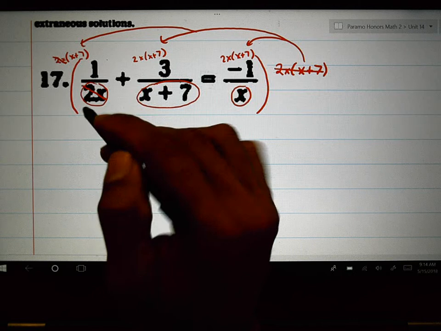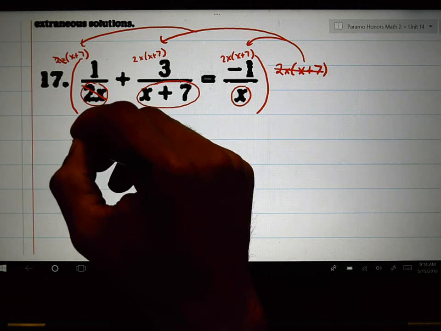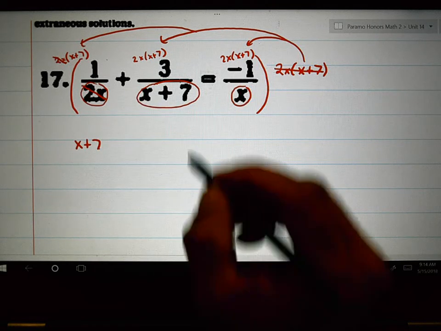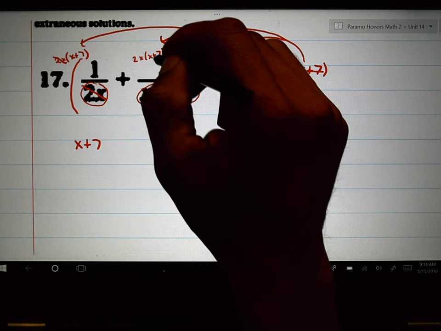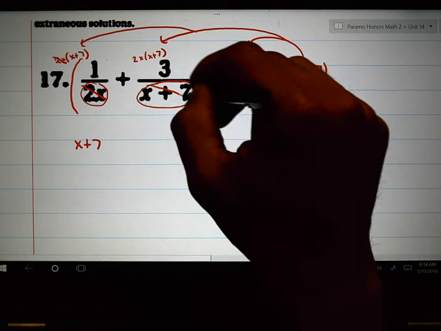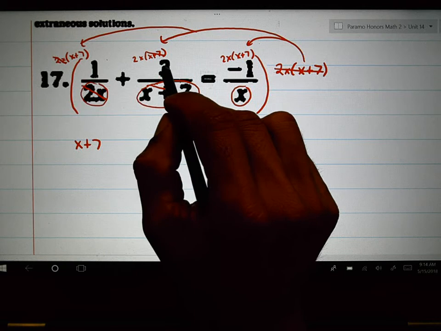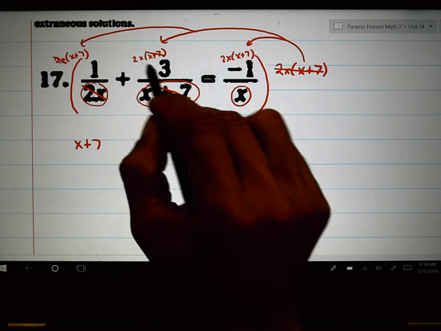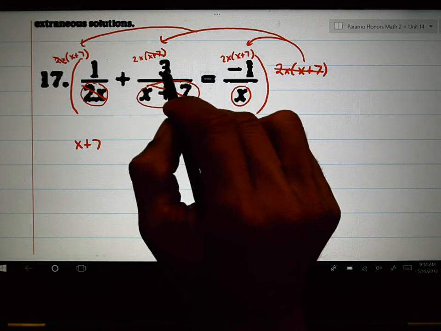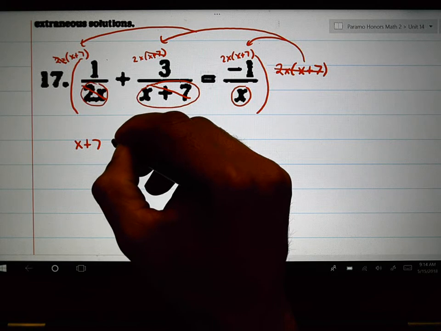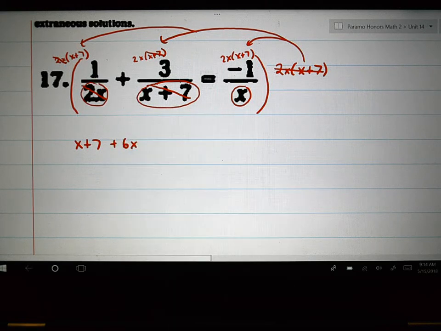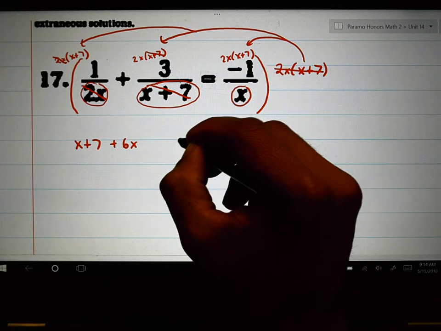X plus 7 times 1 is x plus 7. The x plus 7 goes into x plus 7 one time. You're left with 3 multiplied by the 2x. 3 times the 2x is plus 6x. Equals.